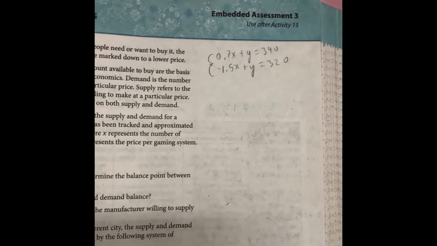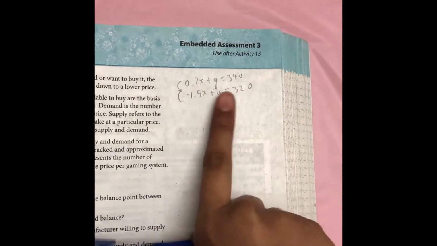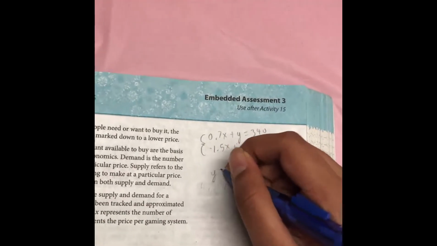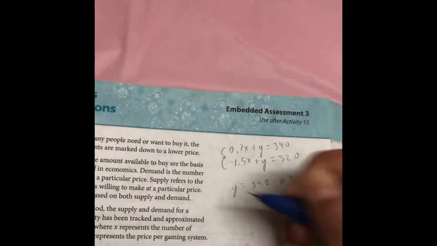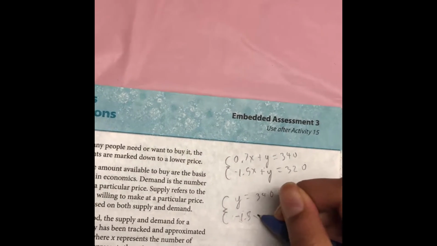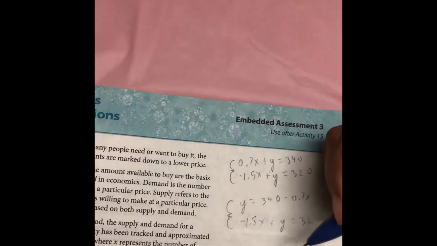Basically let's isolate this into slope-intercept format. For this we get y equals 340 subtract 0.7x, and then let's write this equation as it is, negative 1.5x plus y equals 320. And then we can use the substitution method to substitute this part of the equation over here, because the y's equal each other, so let's do that.